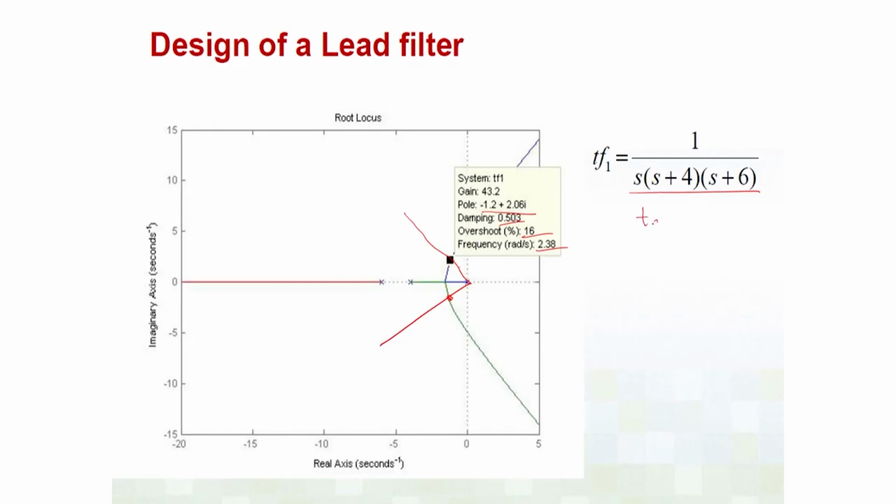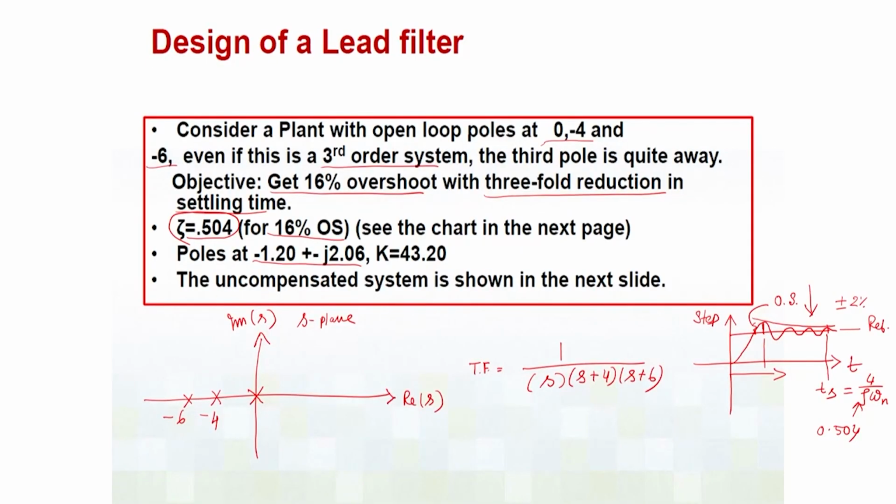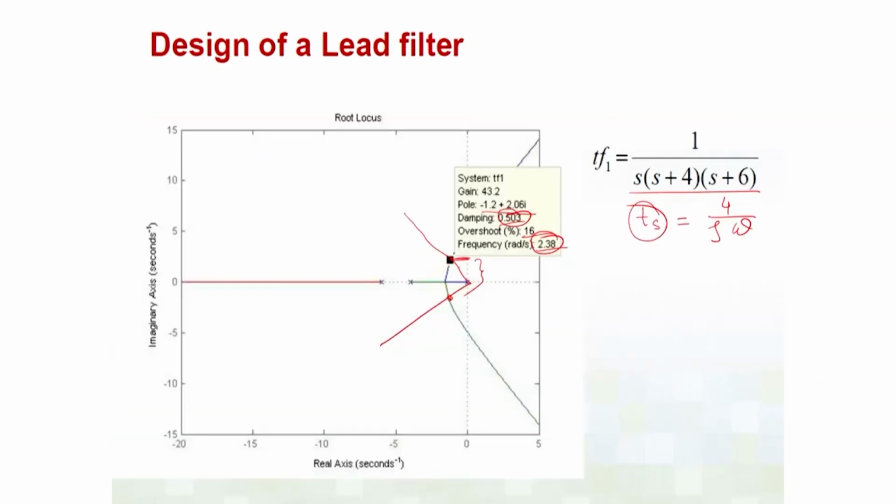If I figure out my Ts as 4 over zeta omega n, I know the zeta value is 0.503 and the natural frequency I can find from this distance, and it comes out to be 2.38 rad per second. So, I can get a value of the settling time, but this settling time is to be further reduced by 3 times. 3-fold reduction is what we have to do, and for that we have to design the lead filter. So, that is the point. Let us see how we can go ahead with it.